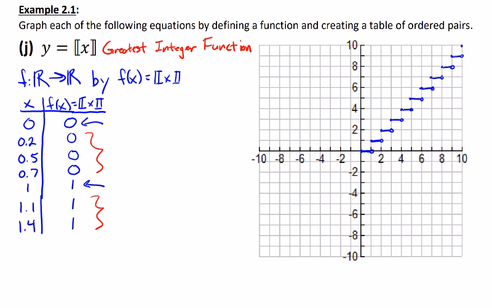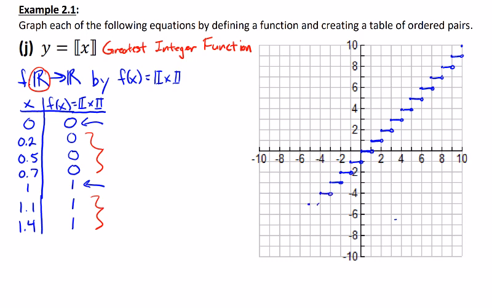But this pattern also continues in the negative x value direction, which would take us into the third quadrant because, after all, the domain is going to be all real numbers. So going backwards with this, I can continue this. I've heard this called a stair step is the way that this looks, which actually is not far from one of the nicknames.